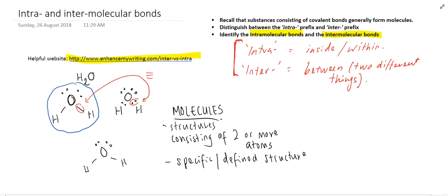Molecules are exactly these two sub-definitions. We've got structures consisting of 2 or more atoms, in this case hydrogen, oxygen, and another hydrogen, and they have a specific defined structure, which is that the hydrogen atoms bond to the oxygens covalently.